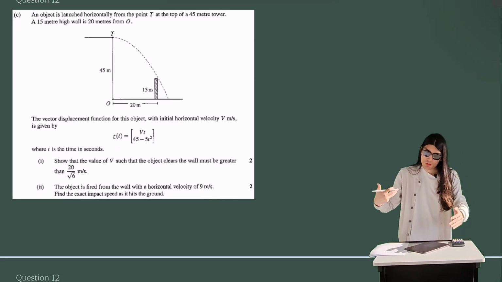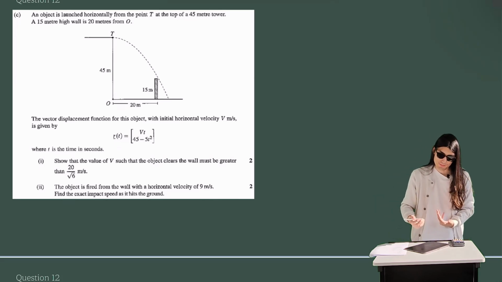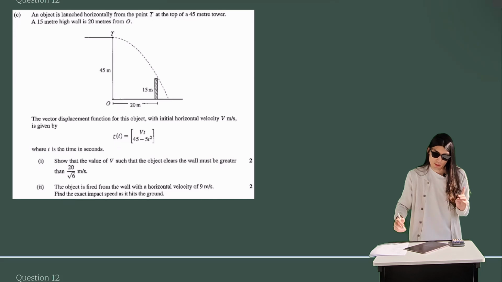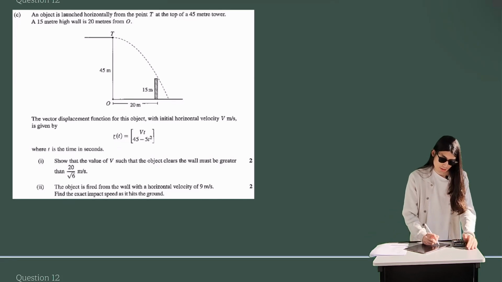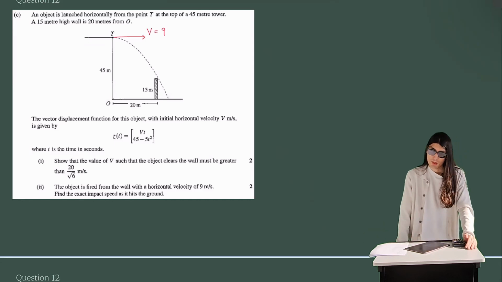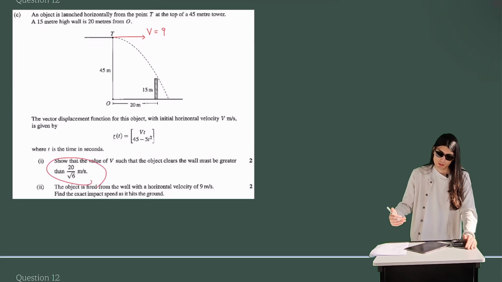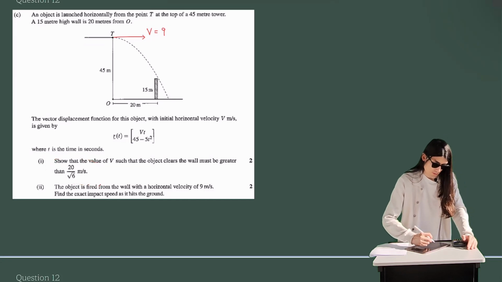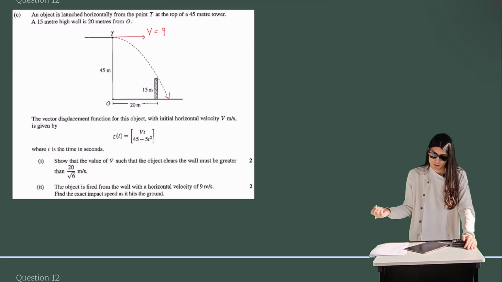So they're giving you a value of v, the initial launch speed. They're telling you that that's equal to 9. And I'm sure this 9 is greater than the 20 over root 6, because it's probably going to clear the wall in order for it to strike the ground over here. And they're getting you guys to find the impact speed.